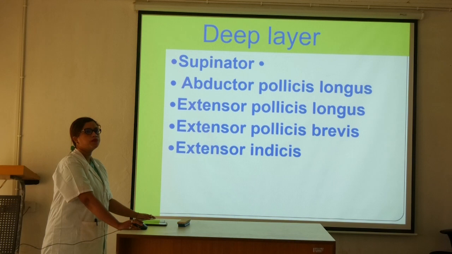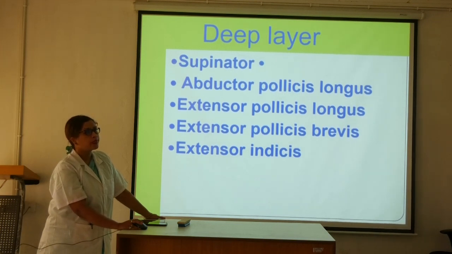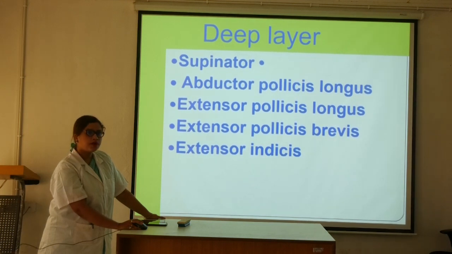Which muscles made the floor? That is what you are studying throughout the hours, but you have to remember. Which muscles were the floor? Brachialis and supinator. Okay, so which are making the boundary? One is pronator teres and one is brachioradialis.